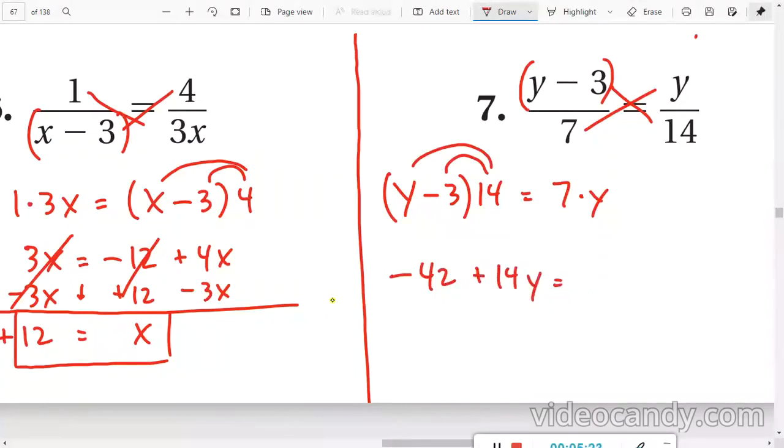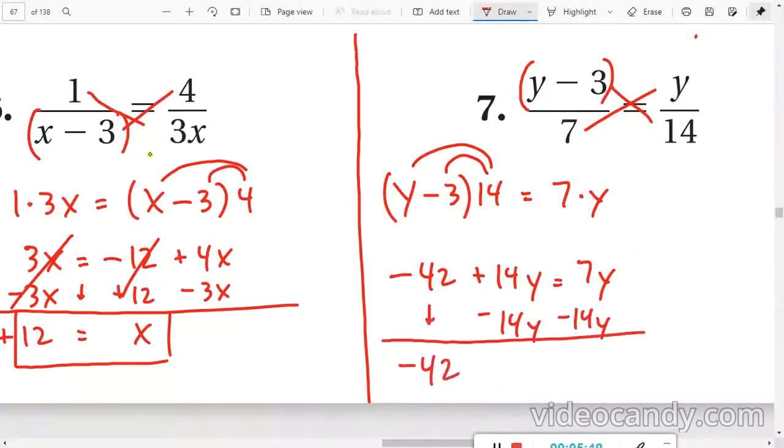And 7 times y is 7y. All right, subtracting 14y from both sides. Bring down the negative 42. 14y minus 14y cancels. 7y minus 14y is negative 7y.